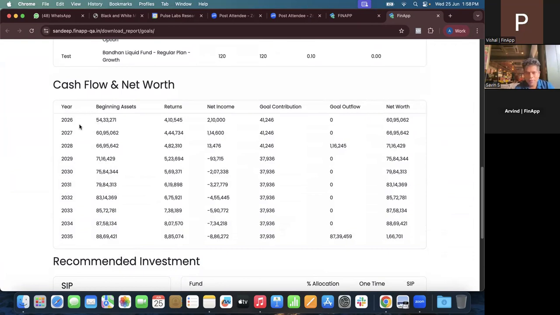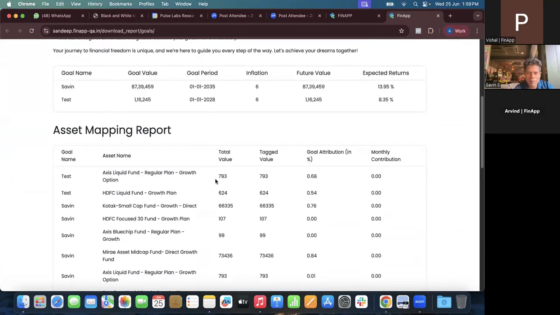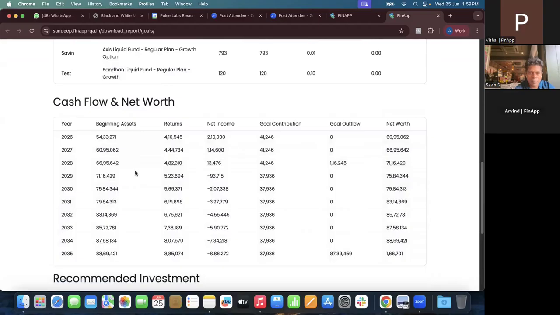One is every year when you contribute 41,000, the first goal will be achieved. You see, the first goal is achieving on 28. So for the first goal, money will go out, and I will continue with the rest of the SIP. And I will achieve my 2035.